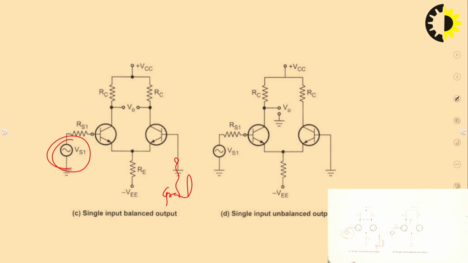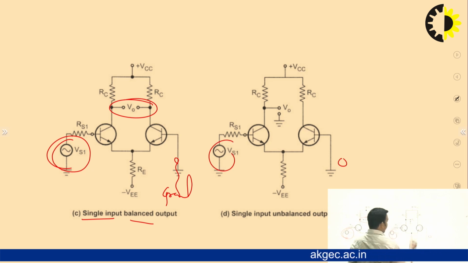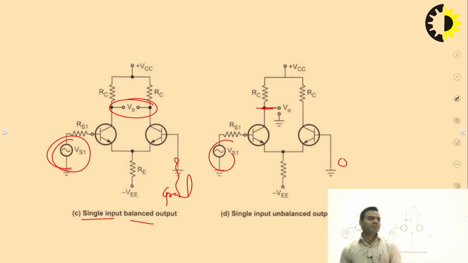This is single input, the other is 0, and unbalanced output. You are taking output from transistor Q1, or you can take output from transistor Q2 also, but it will be 0. So, the concept is simple.